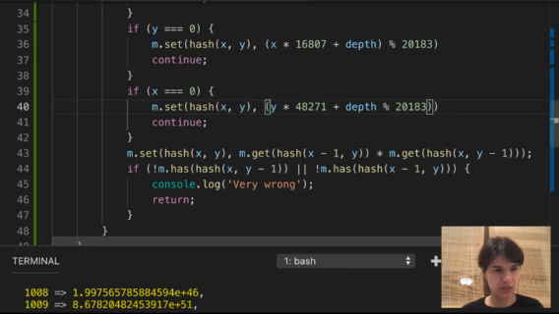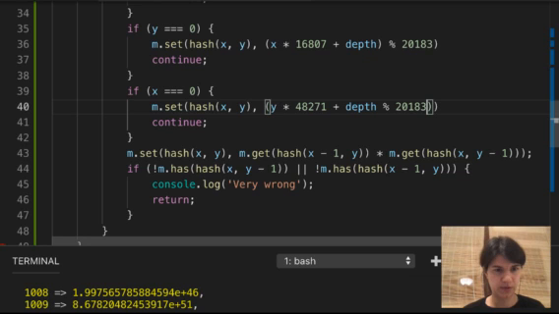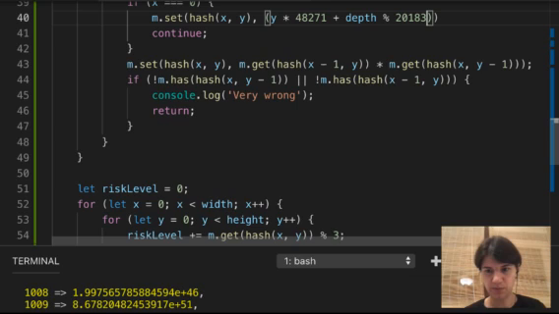The last condition here at 1, 1, I'm multiplying them, and then again for the erosion level I have to add and modulo. Okay. So this is still not a super easy challenge. I've been on this for 40 minutes, but it does seem very doable. I'm so confident that we're close to getting this right.